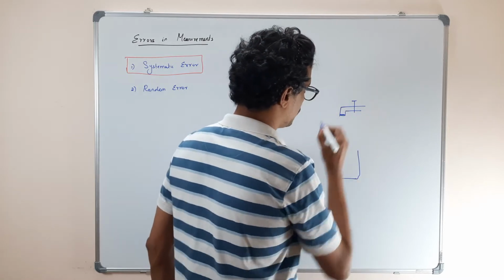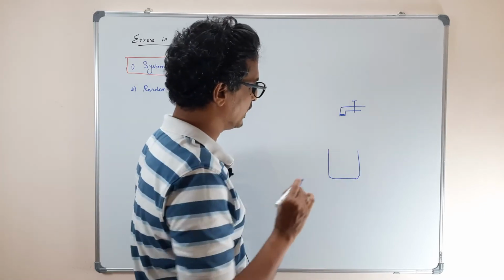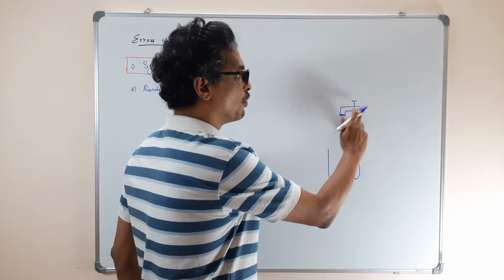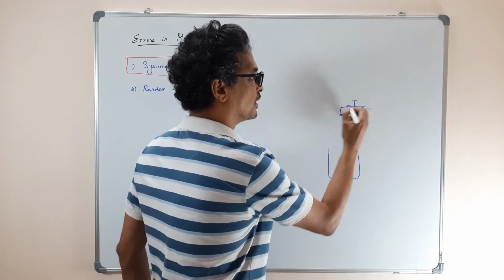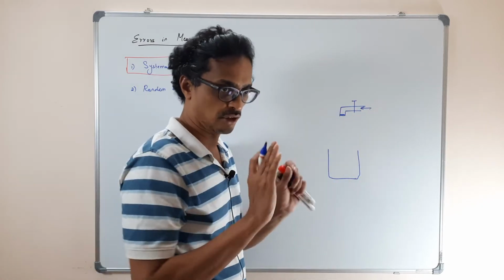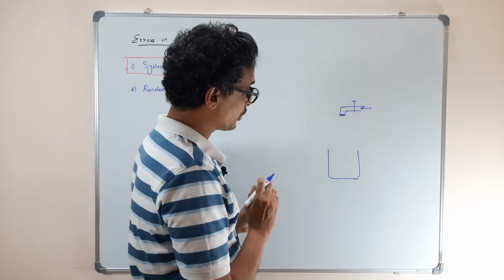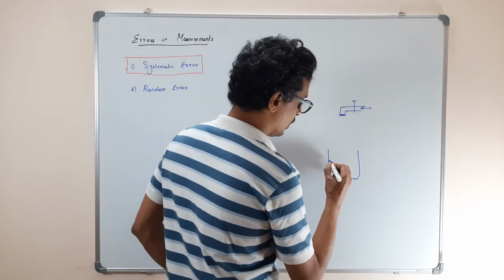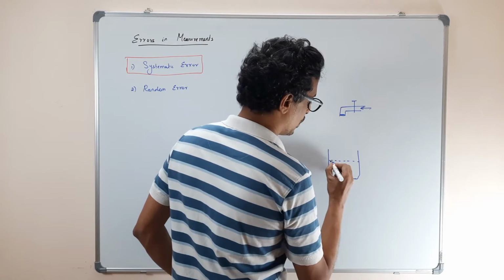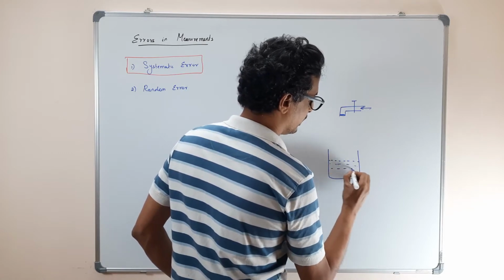Let us assume the water flow in this pipe is constant and does not change with time. I'm asking a question: in 10 minutes, how much water will be collected in the beaker?